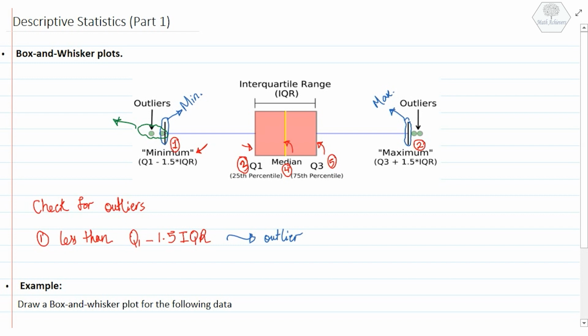These outliers have the value less than Q1 minus 1.5 IQR. The other values we have to check for are the greater than Q3 plus 1.5 IQR.